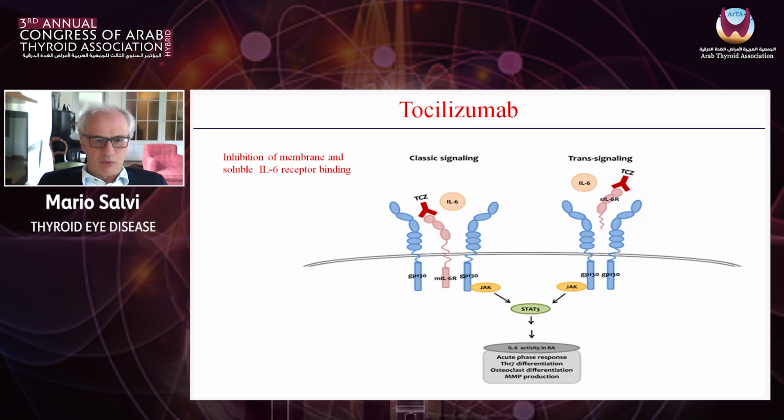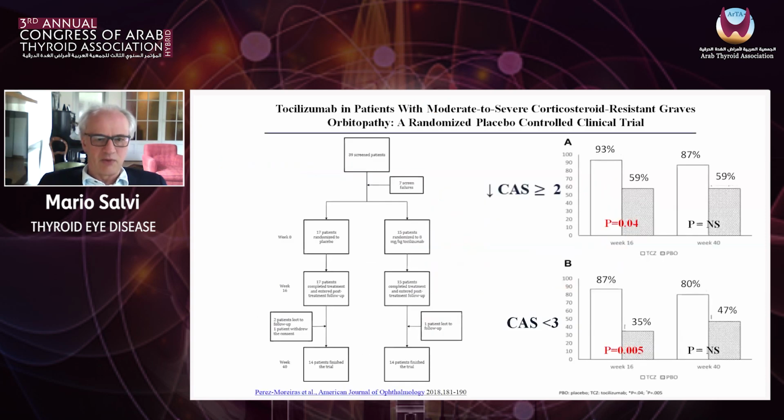Another drug that was proposed was tocilizumab. Tocilizumab blocks IL-6, which is secreted very early in the active phase of disease. Tocilizumab has been studied by the Spanish group of Dr. Perez Moreras a few years ago versus placebo, and they showed disease inactivation with tocilizumab in steroid-resistant patients.